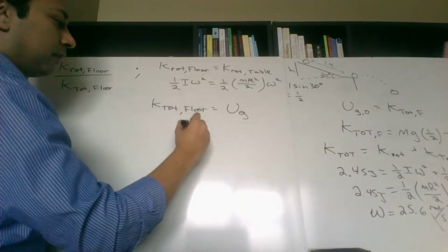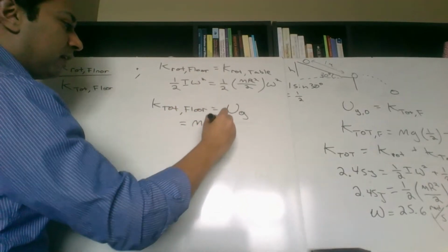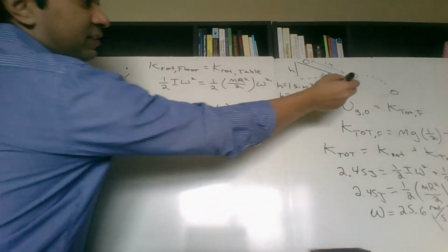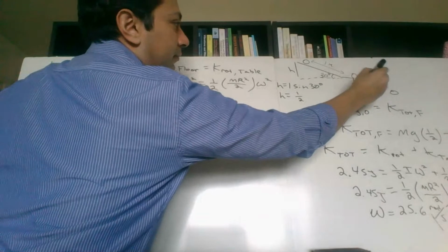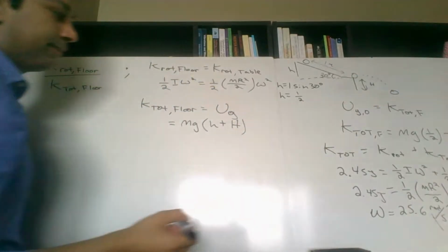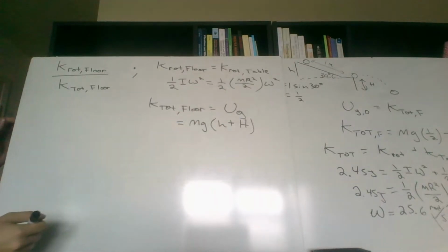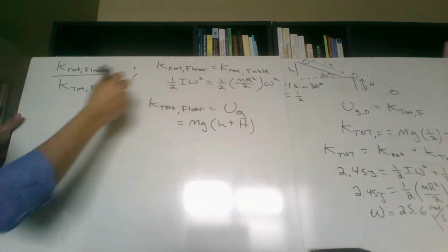And that's equal to mg(h plus big H), where big H is the distance from here to here, is what I'll call it. And we know what the height of the table is. So you just plug these in.